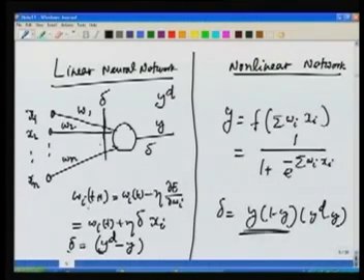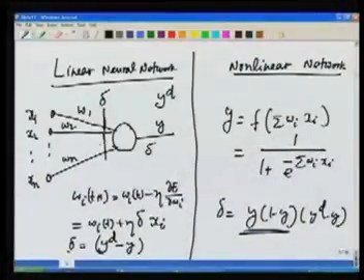The update algorithm is w_i(t+1) = w_i(t) + eta delta x_i. So, you can easily check a very simple rule: the weight update is the original weight plus eta, the learning rate, times the input and the back-propagated error.